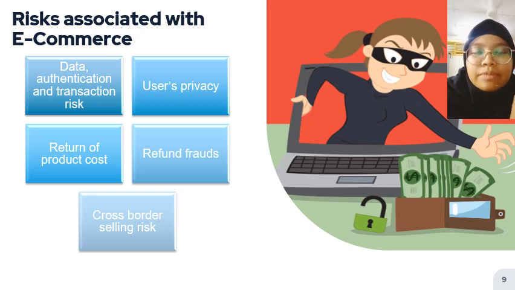In e-commerce platforms, this kind of benefit is not there, because the customer cannot meet face to face with the seller to ask directly. They just depend on the picture that the seller puts on the e-commerce platform. We can take some examples, like Shopee or Lazada.